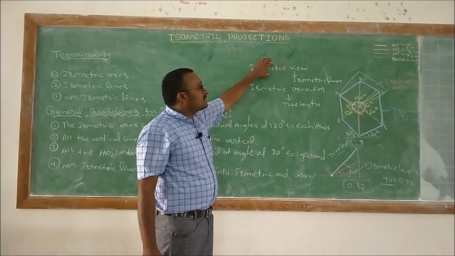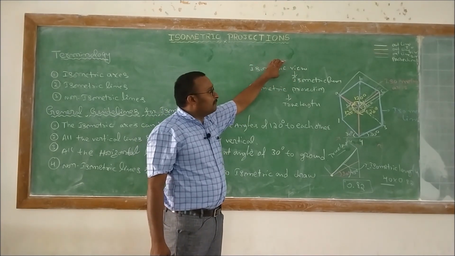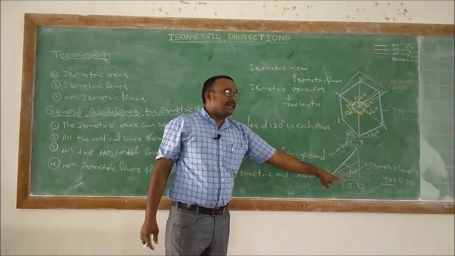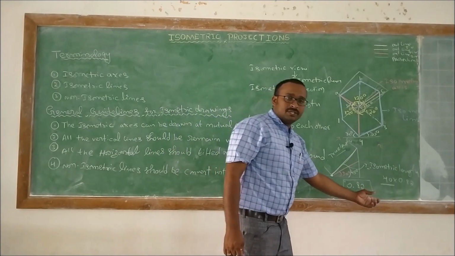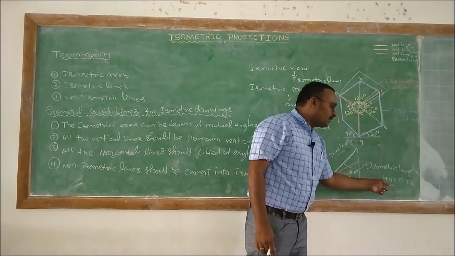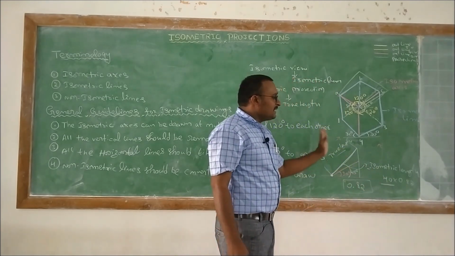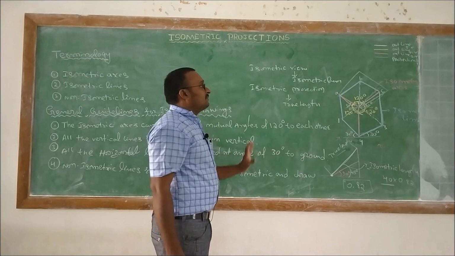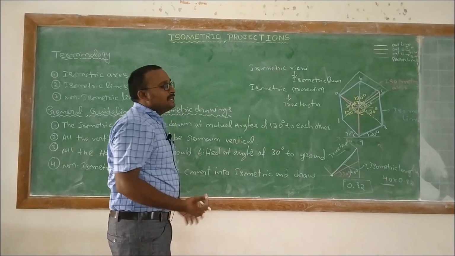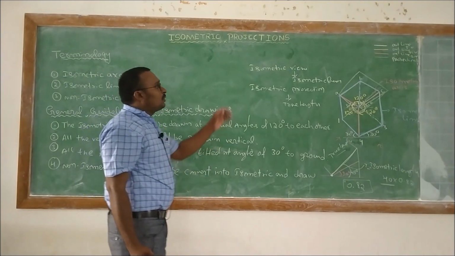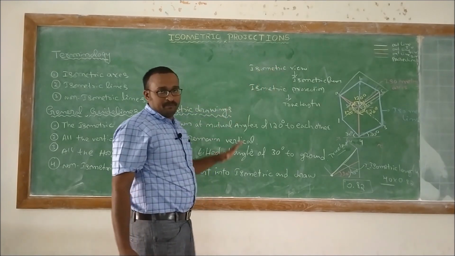When we draw the isometric view of a given problem, we should use the isometric length, which is equal to true length into 0.82. Then the remaining angles must be the same, right? So these are two conditions we need to remember: isometric view and isometric projection, right?